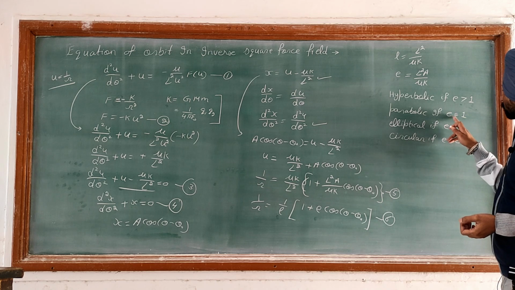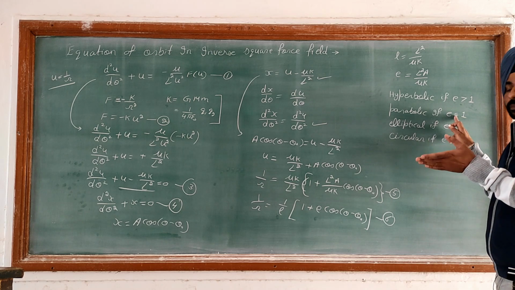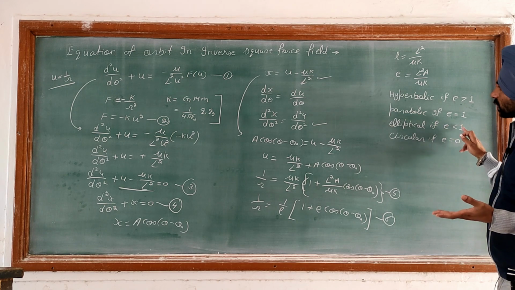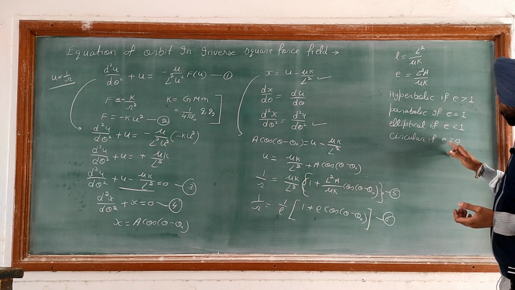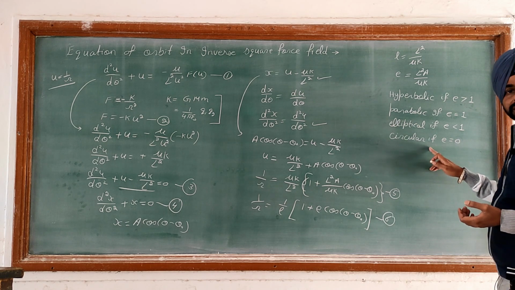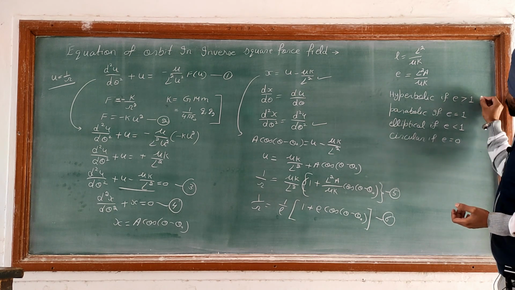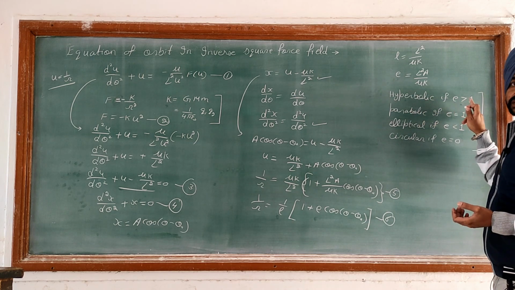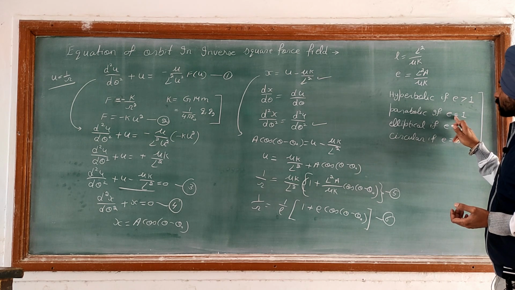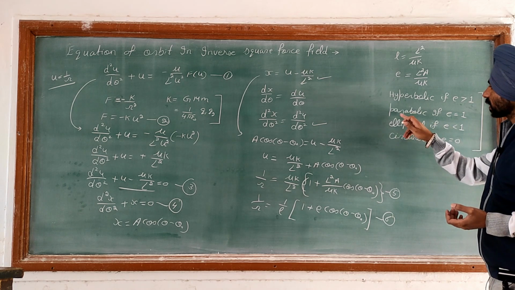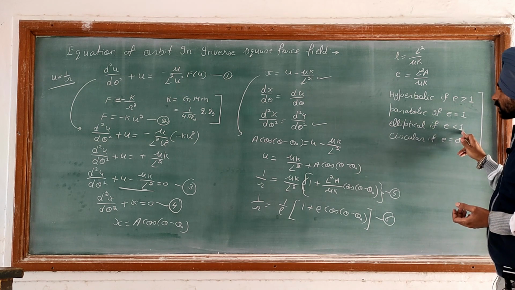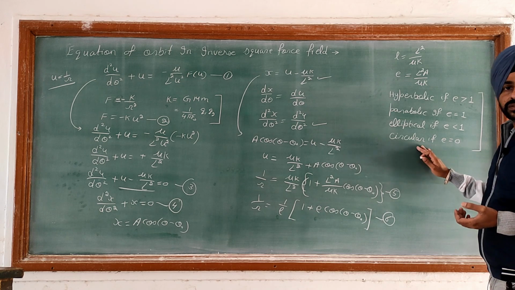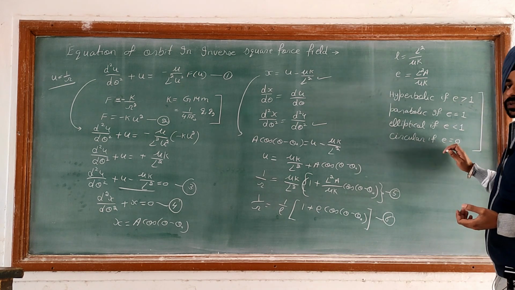E equal to 1, this symbol is the rotation by 90 degrees of the parallel symbol, so it is parabolic. E is less than 1, the obvious third option is elliptical, and e equal to 0 is like a circle, so circular. So this is the way to remember.